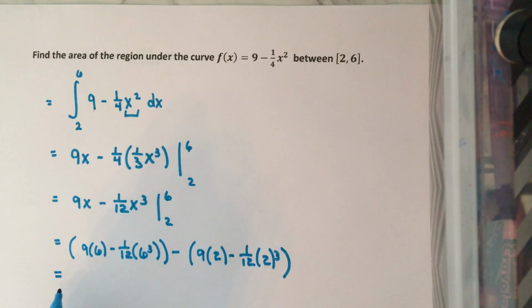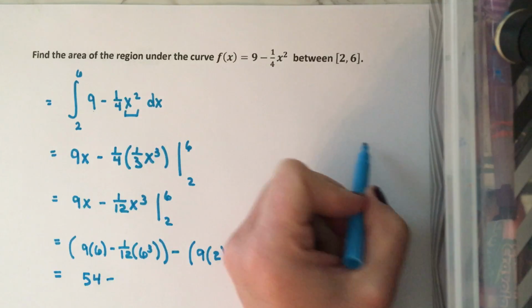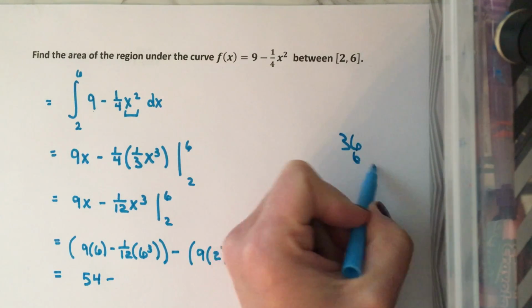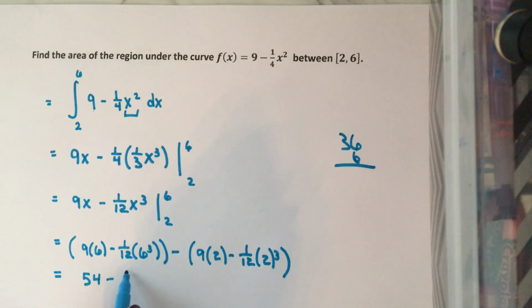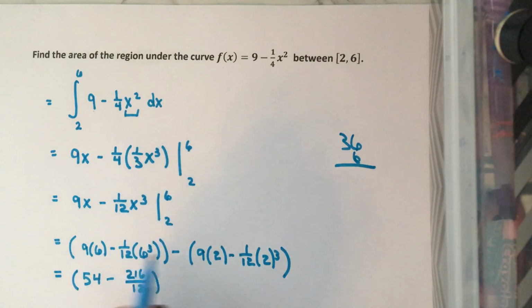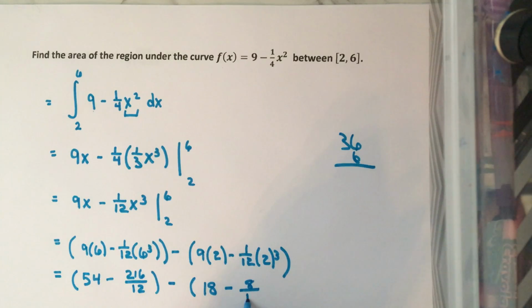I should probably have grabbed my calculator, which I do not have in front of me. So 6 cubed, I'm going to just do this off to the side real fast. 36 times 6, I think it's 216. Yep. So 216 over 12. Remember, you guys would be typing this into a calculator, no big deal. Minus 8 over 12.